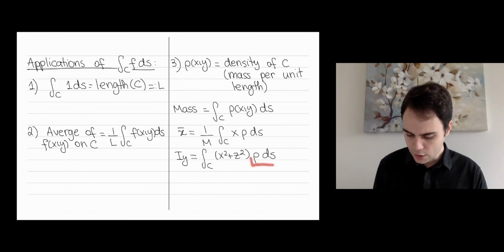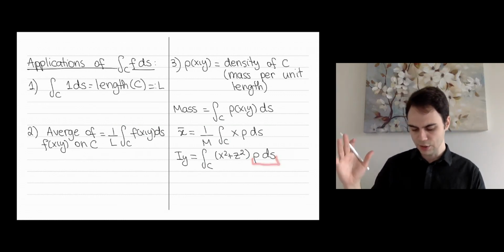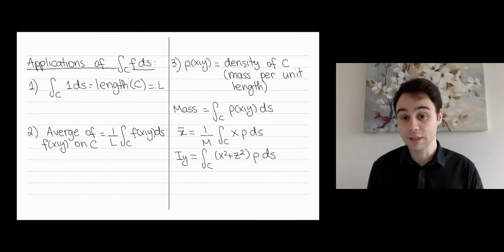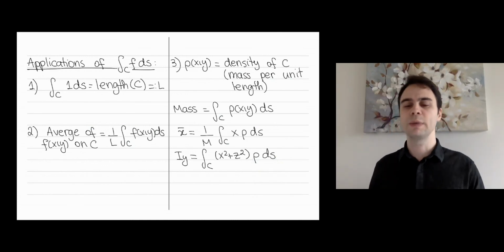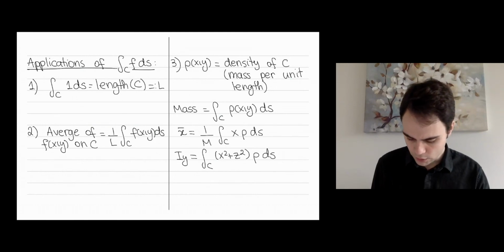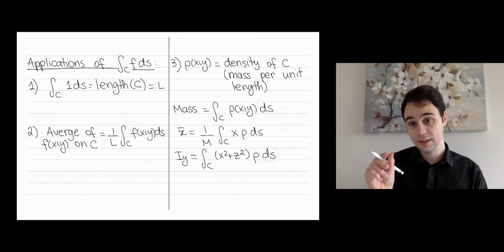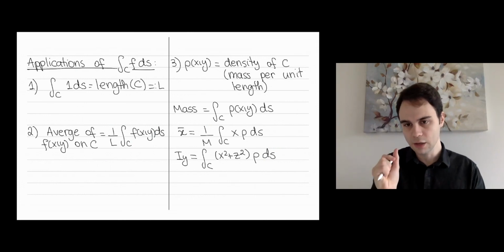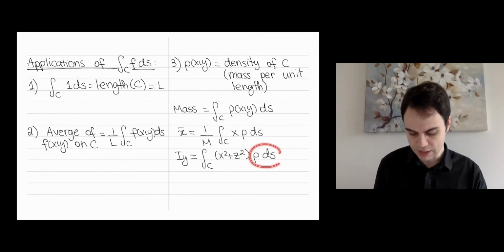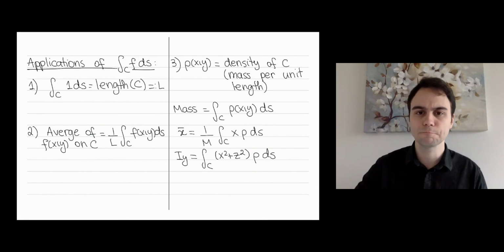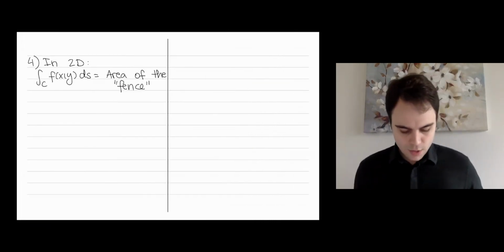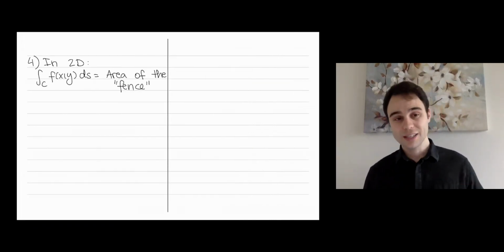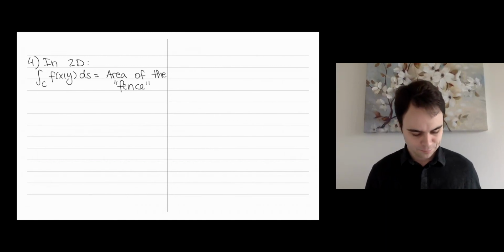Then you multiply this by rho times ds and add, or just multiply this by rho and integrate with respect to ds. Recall that the whole point in each of these three is that ds is the length of a little piece of the curve, and rho times ds is the mass of a little piece of the curve.